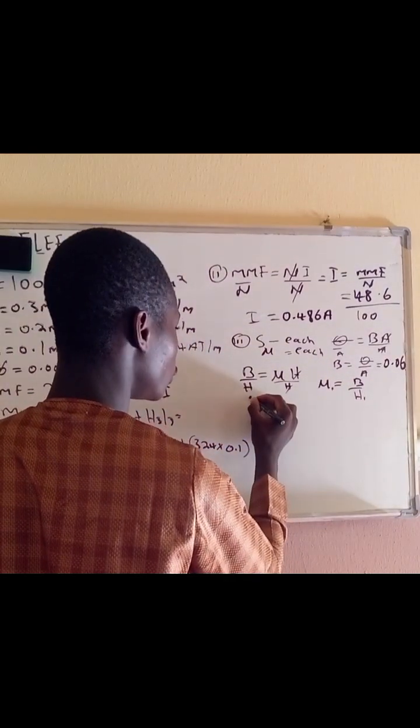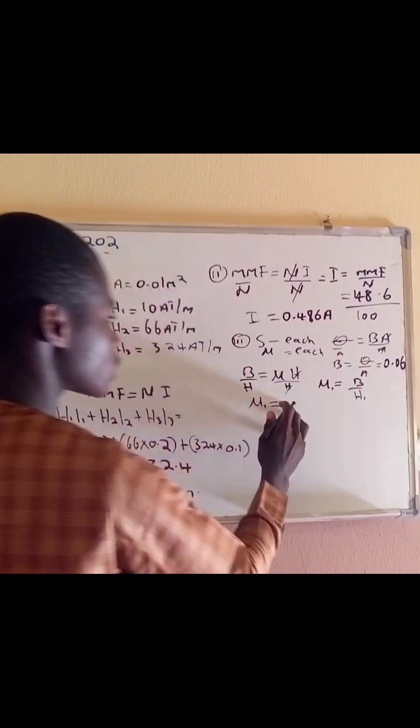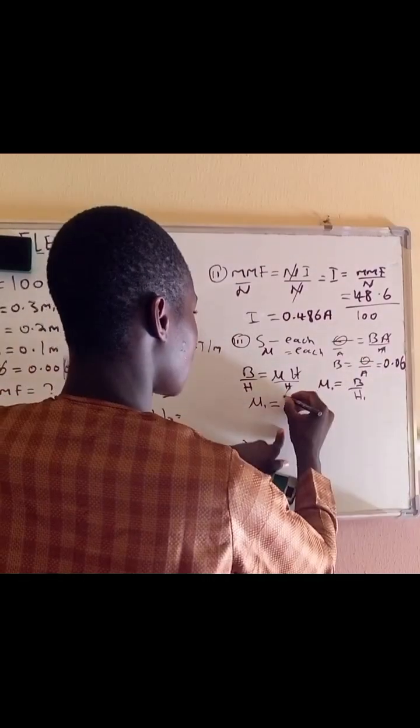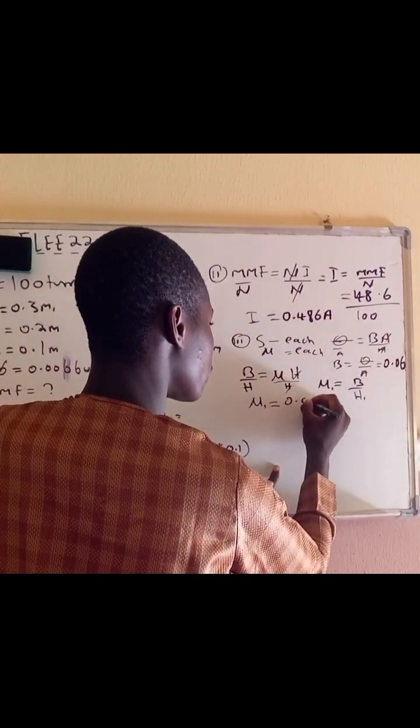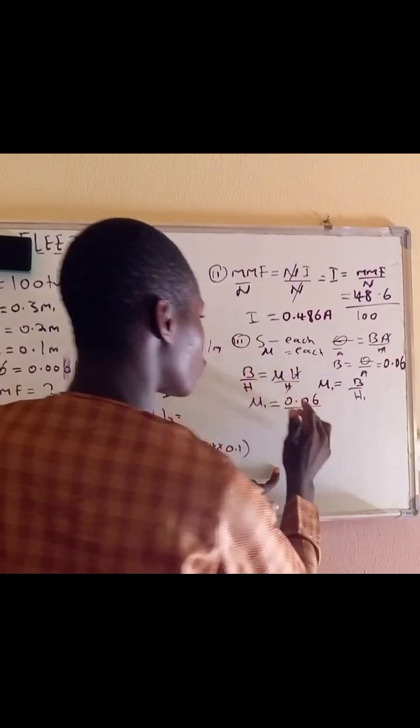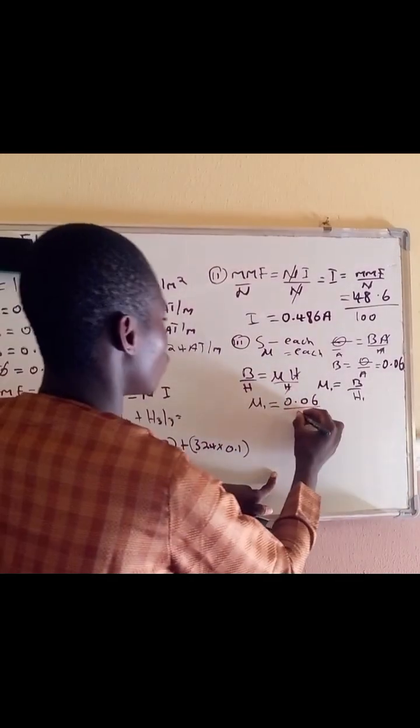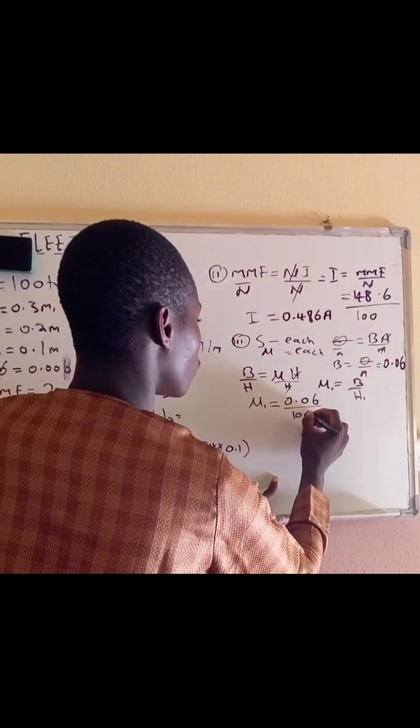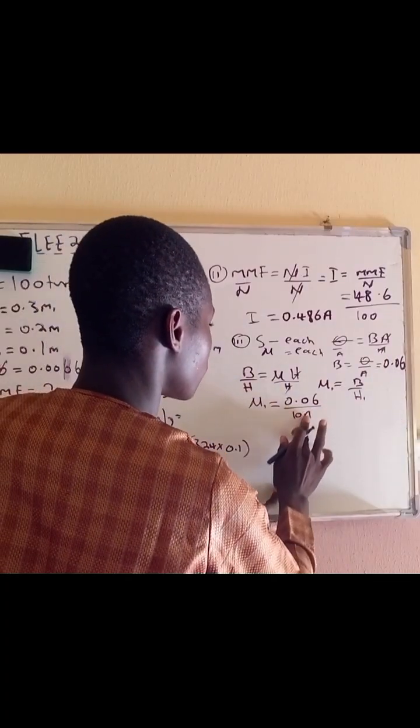So therefore mu 1 will be equal to 0.06 over H1, which is 1080. Forget about the units.